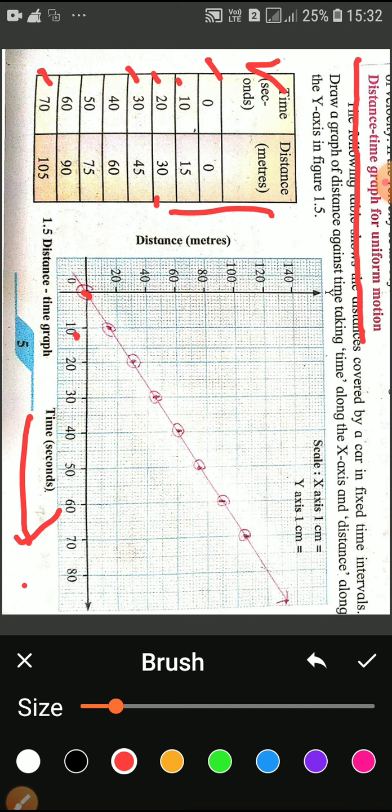Suppose this is 10 seconds, and 15 will be between 0 and 20, here 15 below 20. This is the distance covered.